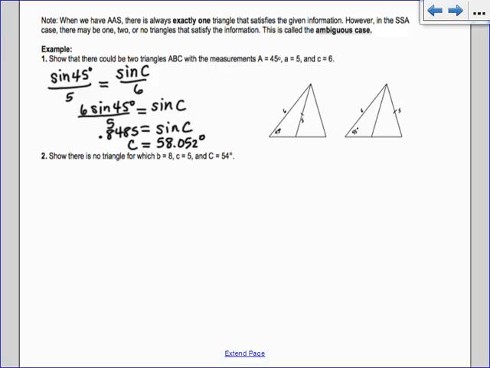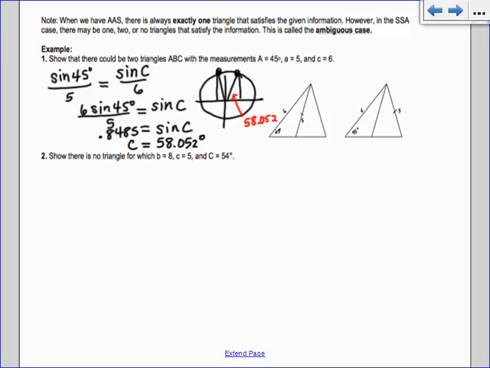Now that you have been in pre-calculus, you will totally understand this. In Algebra 2, I just kind of threw it at you, and you had trouble understanding it, but here is what is going on. If sine of some angle C equals 0.8485, on your unit circle there are 2 locations that would have 0.8485. It's not quite 1, so they're pretty steep, right around there. So there are 2 angles that satisfy that. The first angle we just found, 58.052.